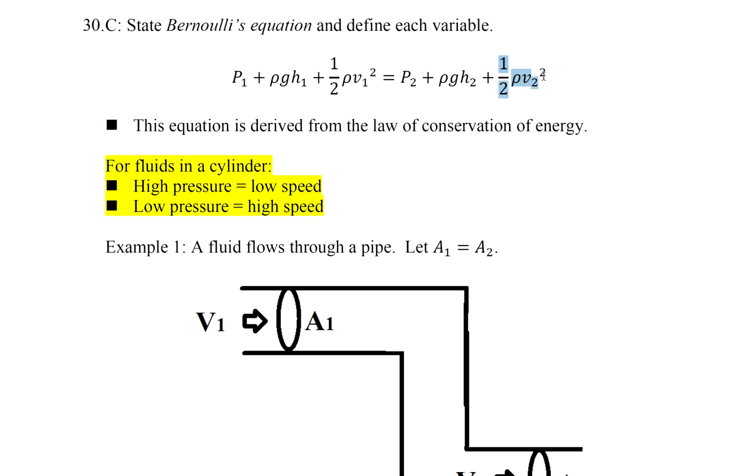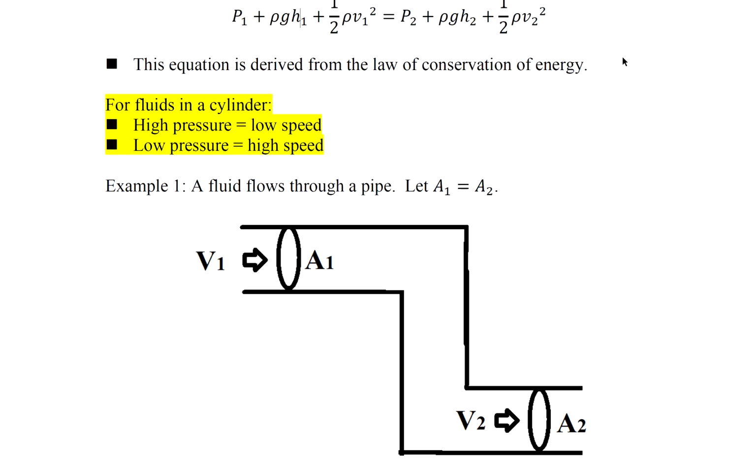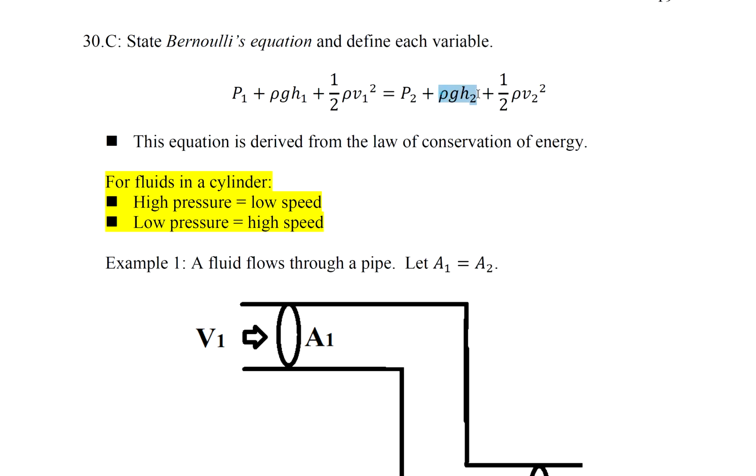Because remember the continuity equation, A1 V1 equals A2 V2. So 1/2 rho V1 squared on the left side cancels with 1/2 rho V2 squared on the right side. We know H1 is greater than H2 because H1 is above H2. So if H1 is greater than H2, then P2 has to be greater than P1.